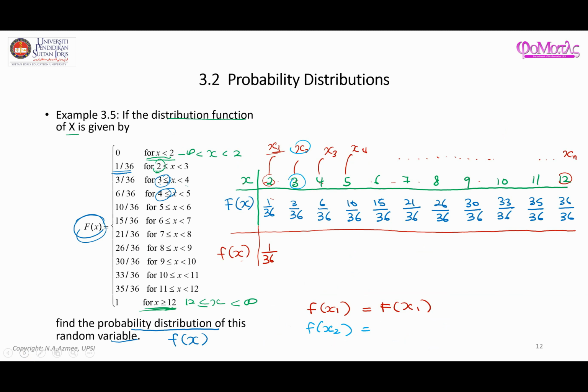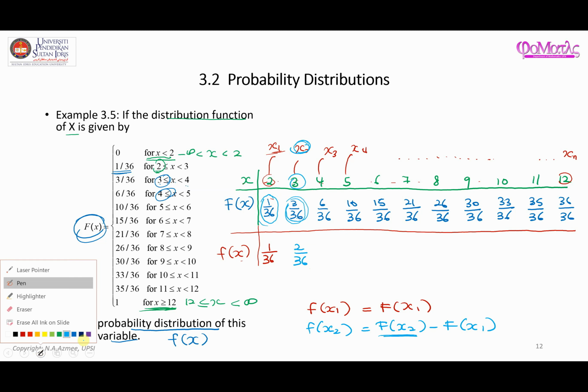So we take this result minus this result. 3 over 36 minus 1 over 36 is going to be 2 over 36.